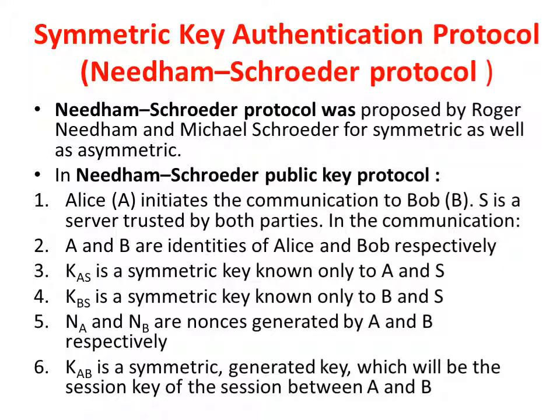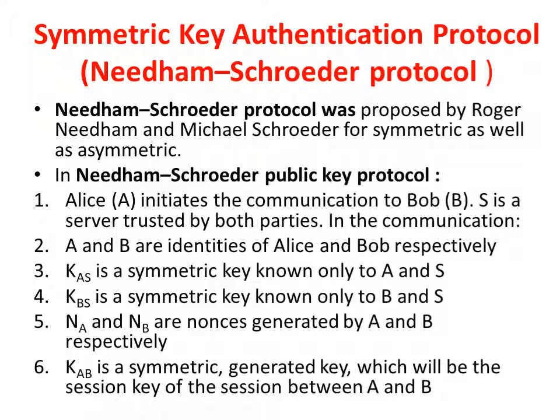First of all, we have to understand all the entities we have: Alice, a sender, Bob, a receiver, and an entity S, that is a server that has to be trusted by both Alice and Bob. There is a key KAS, a symmetric key known only to Alice and the third party server.